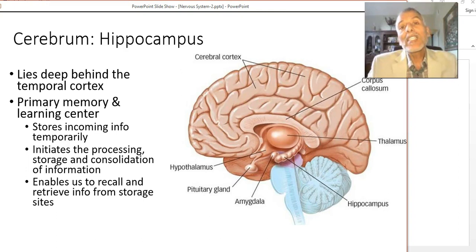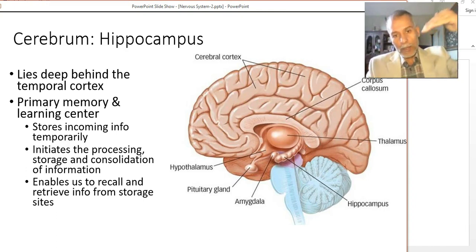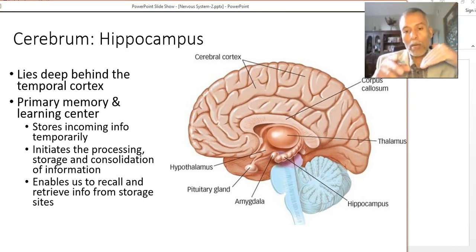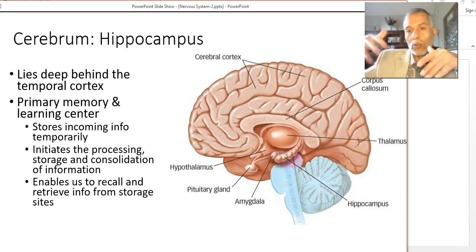It does not store information permanently. What it does is, you can think of it as an airport. For example, flights come into that airport, people are processed, they go through gate 1, gate 2, gate 3, gate 4, and then they go to other flights, or they exit the airport.